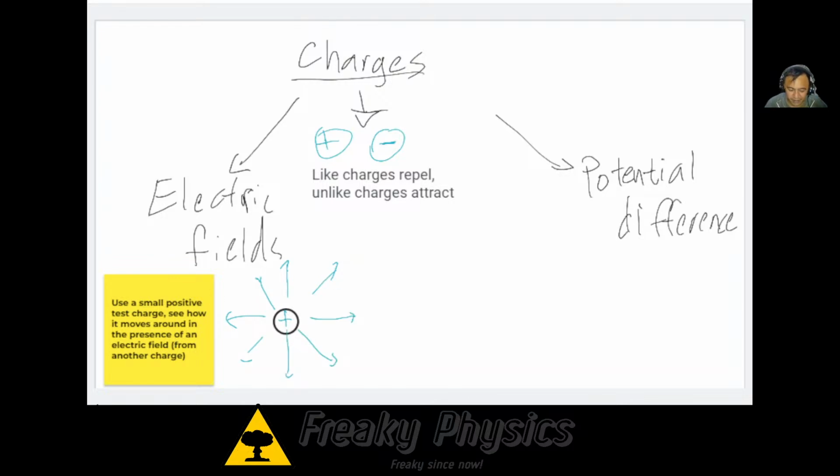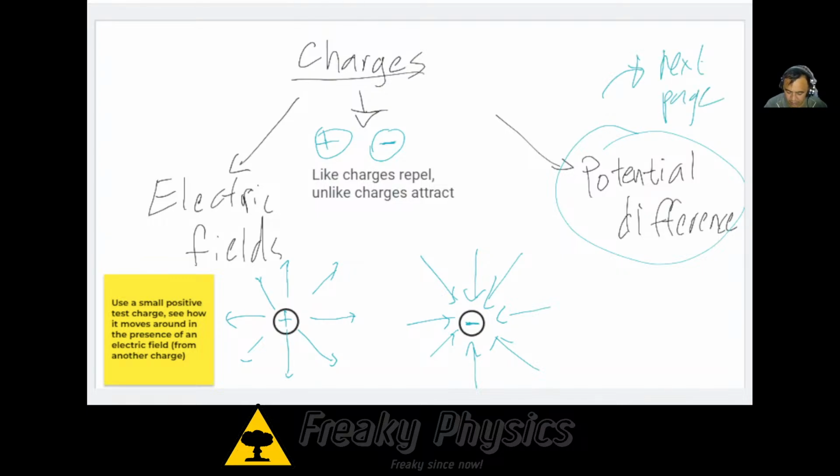If you have a negative charge, you get an electric field that's coming into the charge. So if this were negative, the electric field lines come in like so. And then for potential difference, we'll put that on the next page.